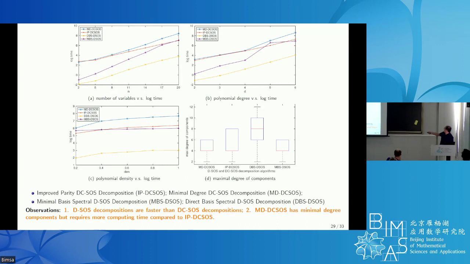And this is a similar comparison result. Just two important things. One is that DSS is easier than DCS, because adding convexity is more difficult in practice. The second is that among DCSS, this method, minimal degree 1, provides the best result.